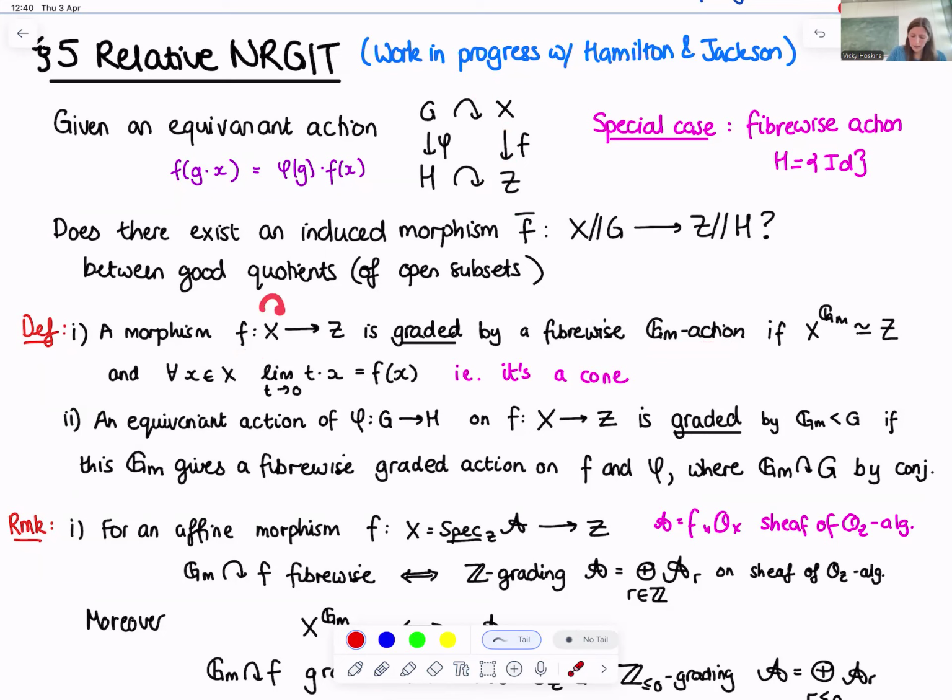So Gm is acting on X and it's acting on the fibers of F. If actually the fixed locus is Z, and the limit as t goes to 0 exists and is equal to F of x. So i.e. what we're really saying is this morphism is a cone, so you're just retracting onto Z.